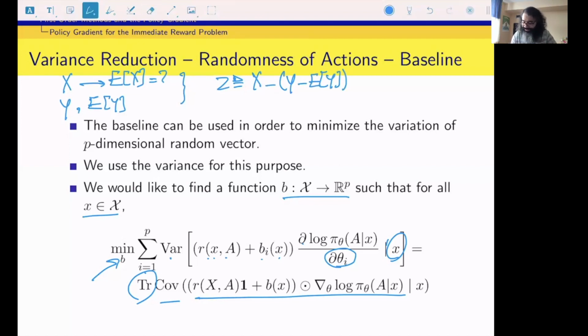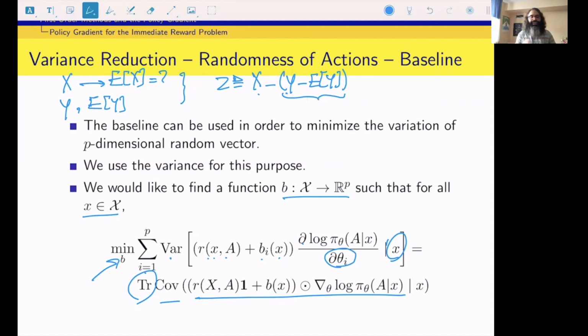So this term doesn't affect the expectation, because in expectation these two cancel each other. But if x and y are properly correlated with each other, we reduce the randomness of x by having a random variable that is correlated with it.